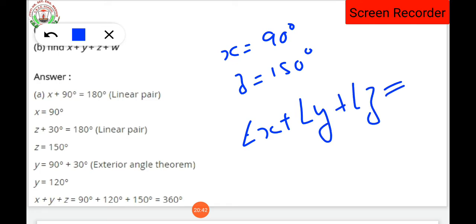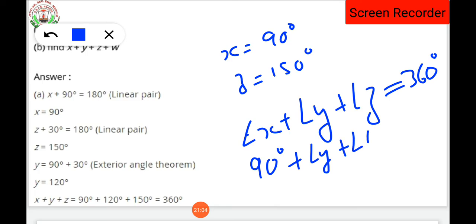These are the three exterior angles, and we know that the sum of all three exterior angles of a triangle, I am not talking about interior angles, is equal to 360 degrees. So one exterior angle x is 90 degrees, y we have to find, z is given as 150 degrees, equal to 360 degrees.